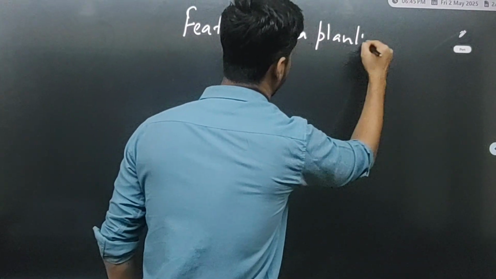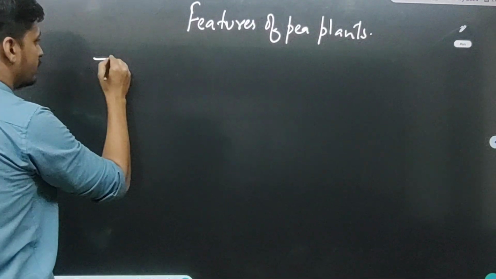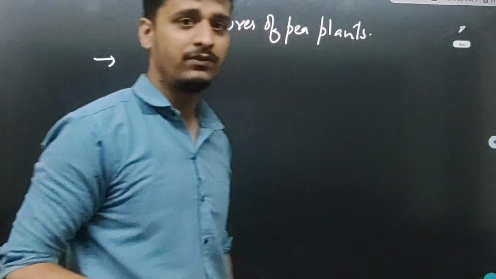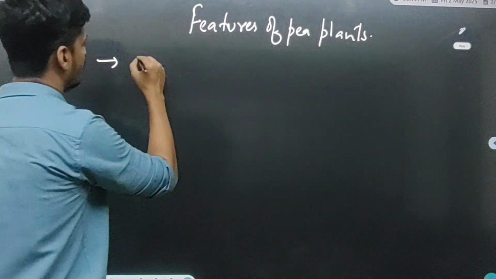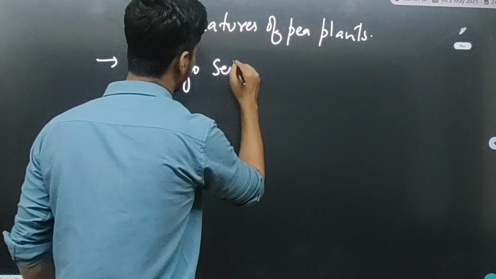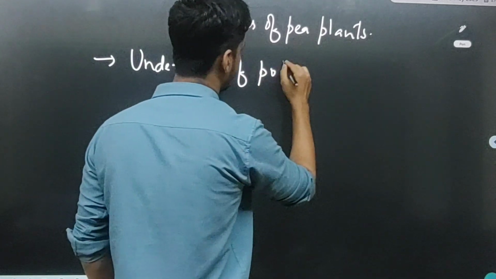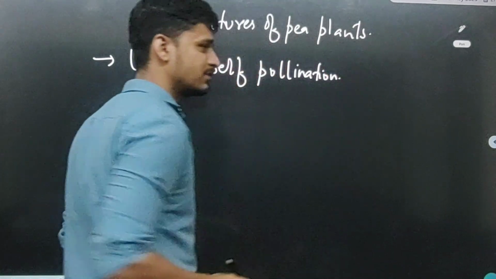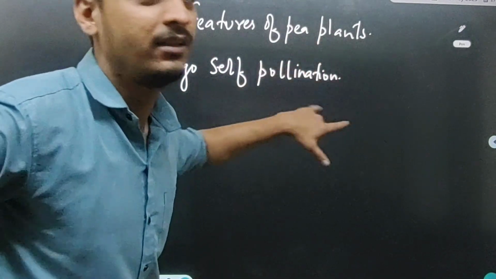So first, pea plants undergo self-pollination. Means the self-pollination character is already present in the pea plant.